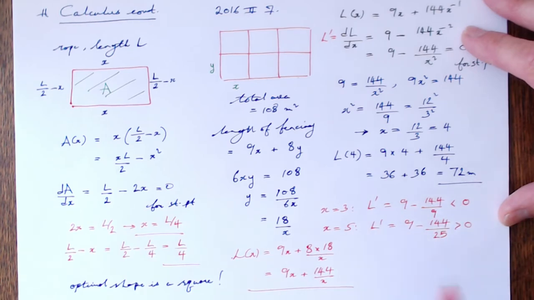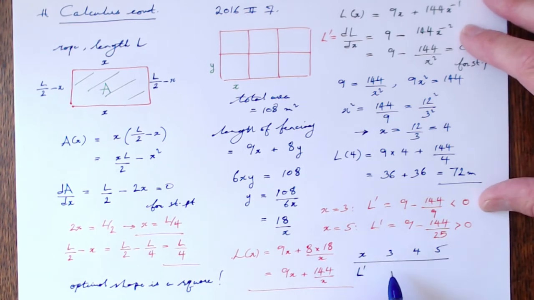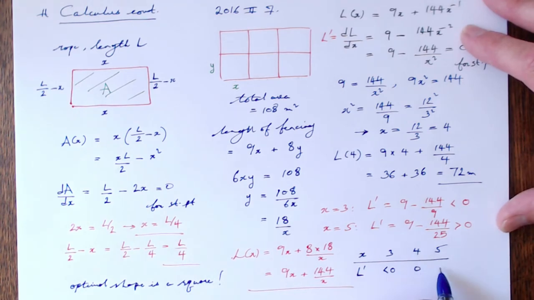just for the purposes of this tutorial we just care about the sign of these derivatives. So we can make a little table. We can compare values of x and their corresponding signs of the derivative, and what we showed was that when x is 3, 4 and 5 respectively, we have the derivative is negative, is 0 at x equals 4 because that's the stationary point, and then is positive at x equals 5.